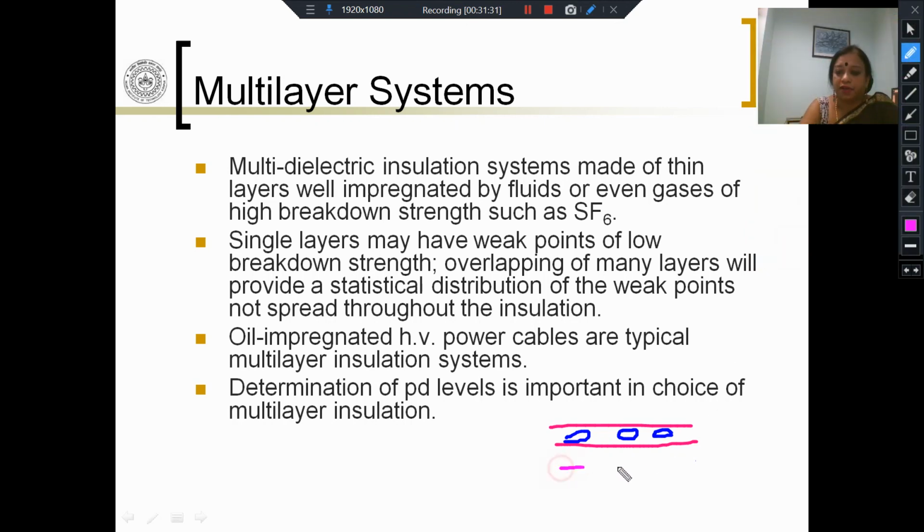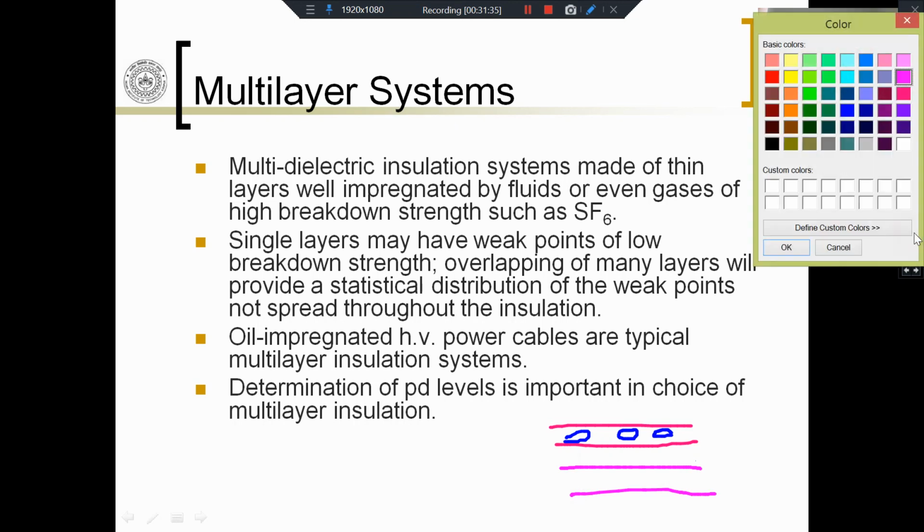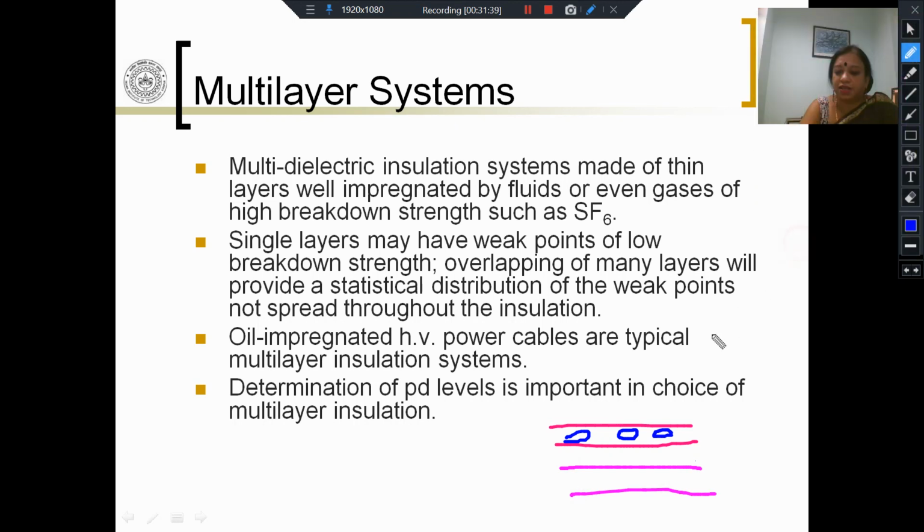So now you have a scenario like this. You still have the gaps, but these voids are now likely to be randomly distributed. It is not likely that you will have one large bubble between the electrodes, but instead these regions are cut off.